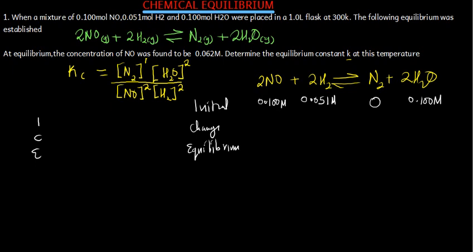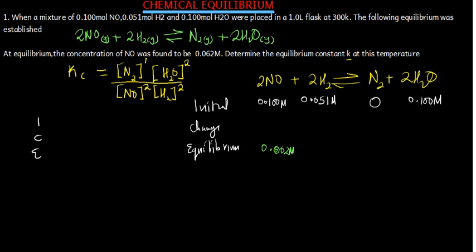We only know the initial ones, but in the second statement, at equilibrium, they've given us one thing. At equilibrium, the concentration of NO was found to be 0.062 molar. This is only for NO.